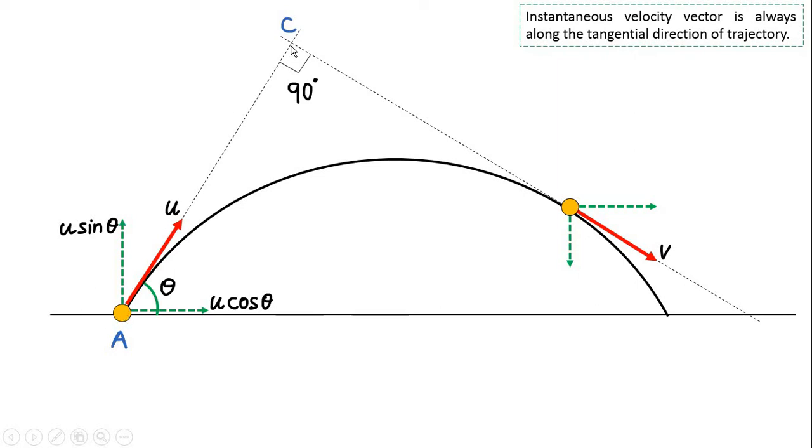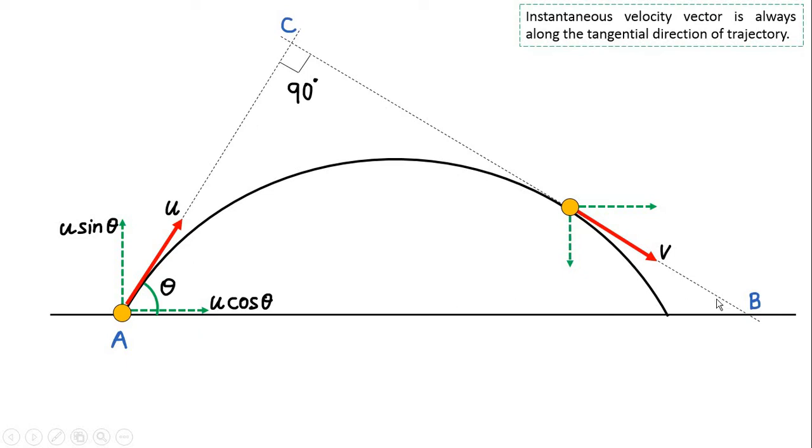Points A, C and this point over here, B, make a right triangle. Observe this right triangle ABC carefully, which is right angled at C. In this triangle, angle C is 90 degrees, angle A is theta.